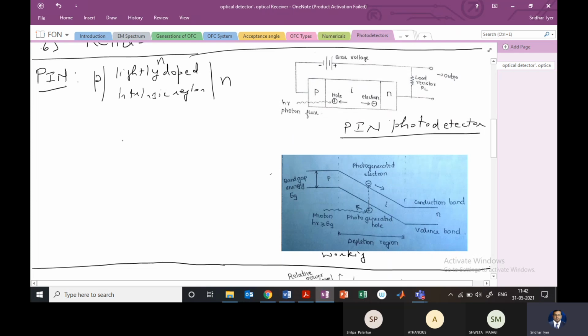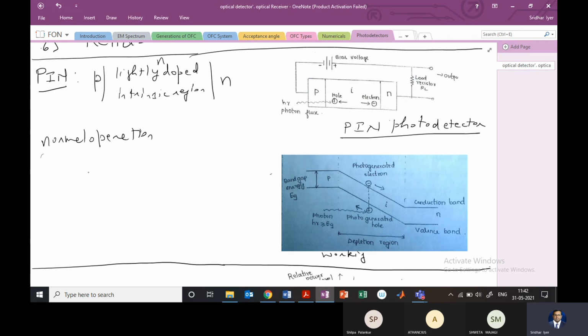So in normal operation, you apply a sufficiently large reverse bias voltage. You can see that the PN junction is connected in reverse bias.